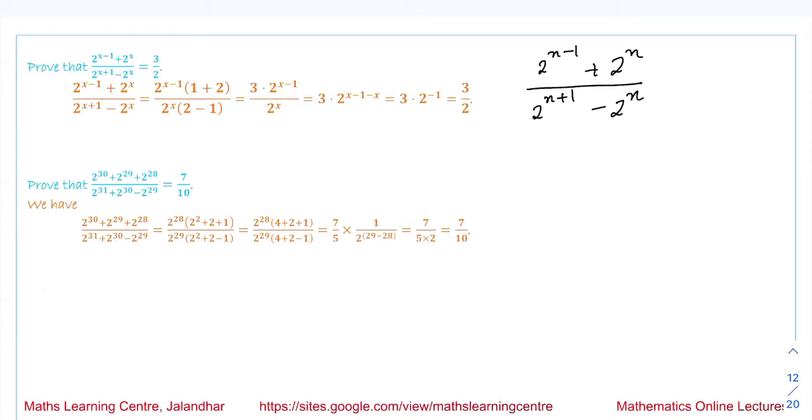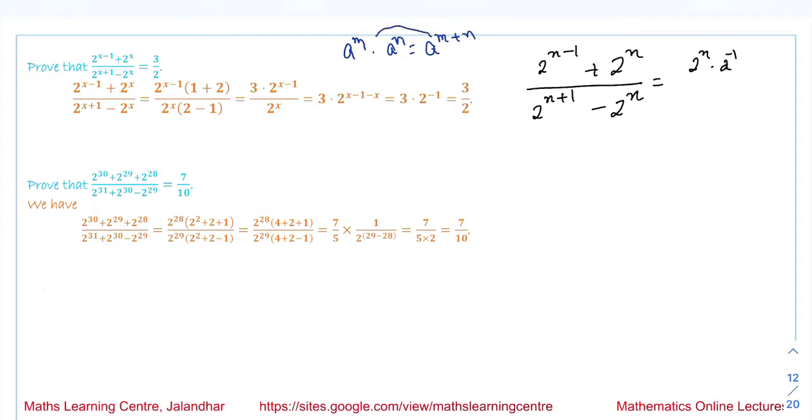So what we can do over here is write this term as 2 raised to the power x into 2 raised to the power minus 1. The formula we are using over here is a raised to the power m into a raised to the power n is equal to a raised to the power m plus n.